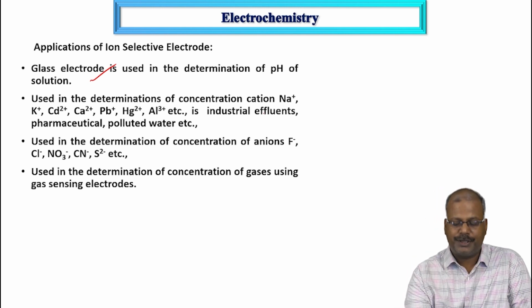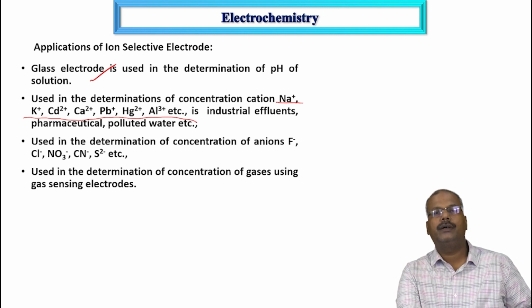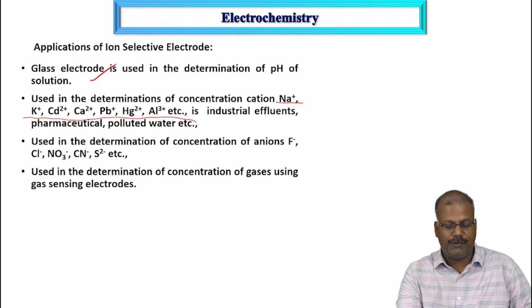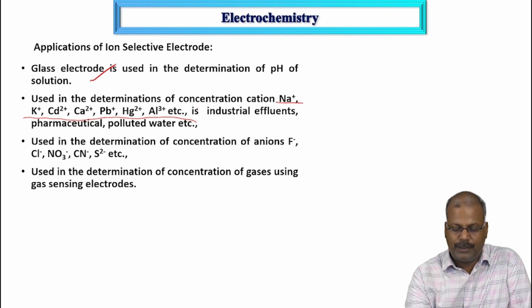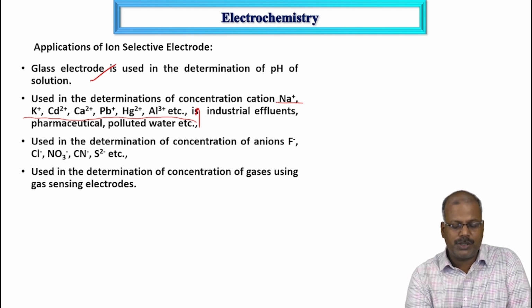For example, they are used in the determination of the concentration of several ions, Na+, K+, cadmium, mercury, aluminium, calcium, etc., in industrial effluents, pharmaceutical effluents and polluted water. There are heavy ions also possible.